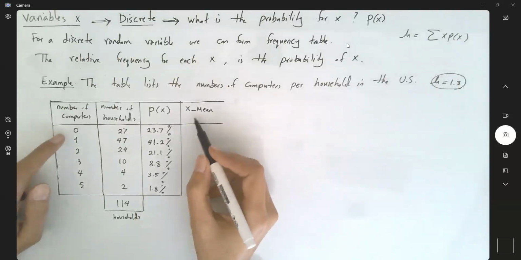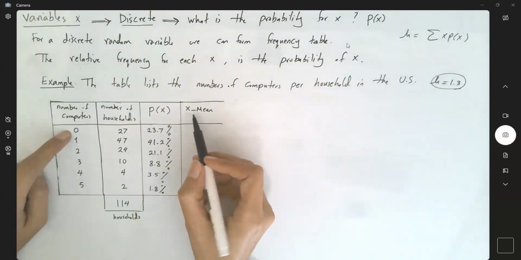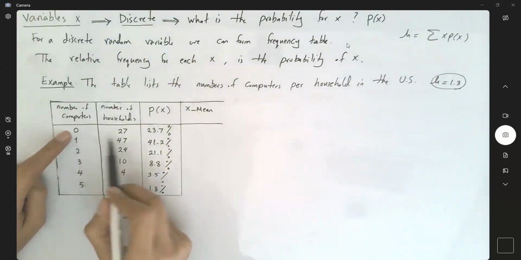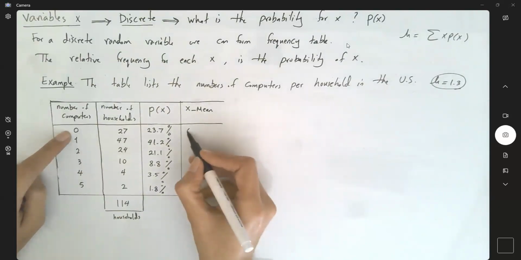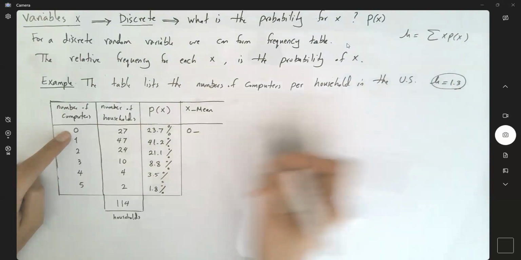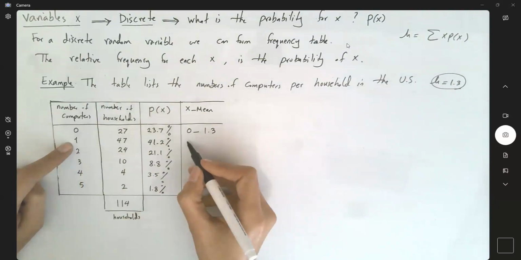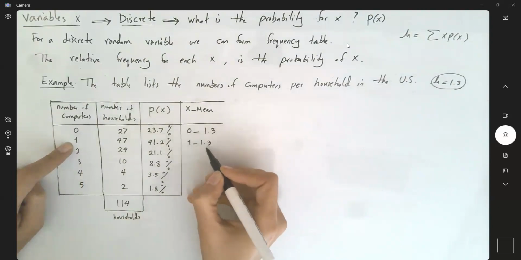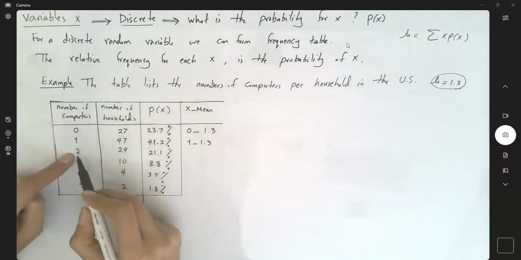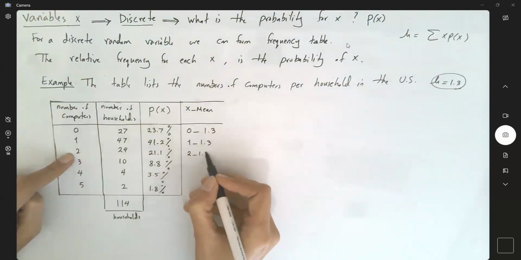So what's the meaning of that? It means that we need to take each x in the first one, in the first row, the x is 0. 0 minus mean, we calculated mean 1.3. Then we go to the next x value, which is 1. 1 minus 1.3. Then we go to the next x value, 2 minus 1.3.